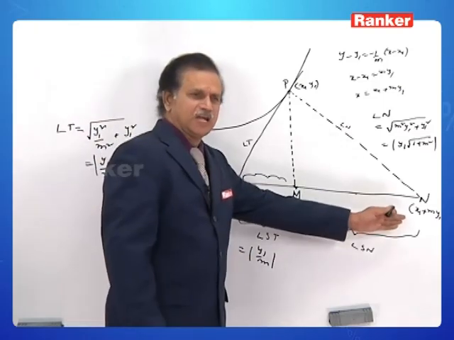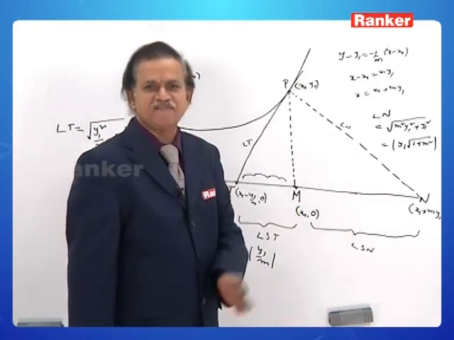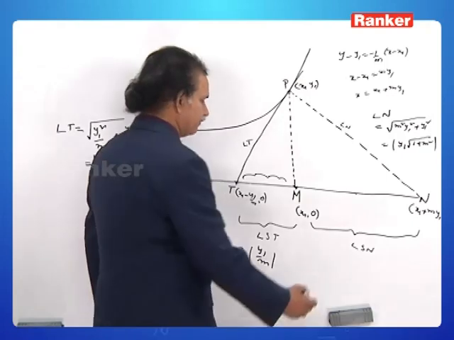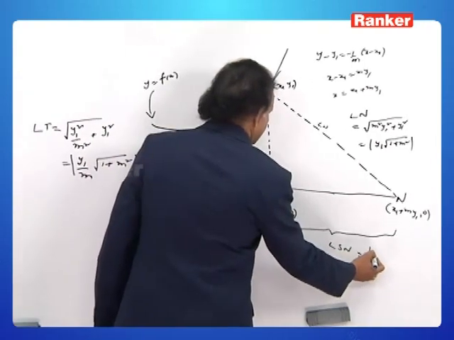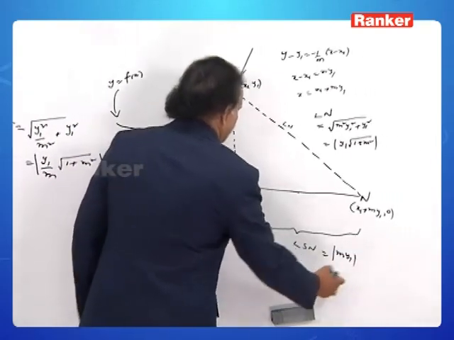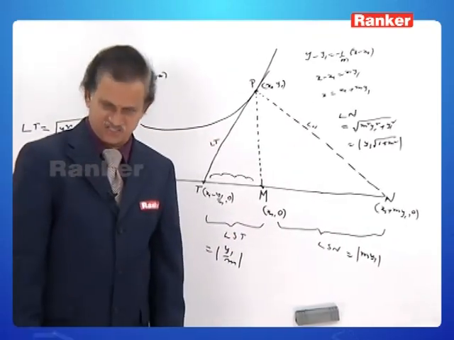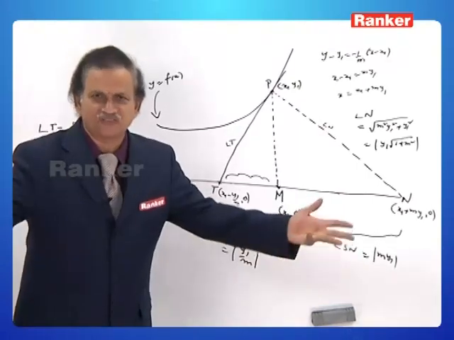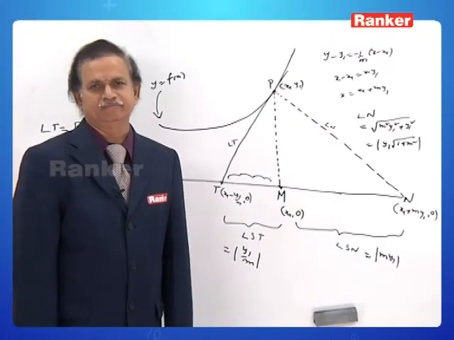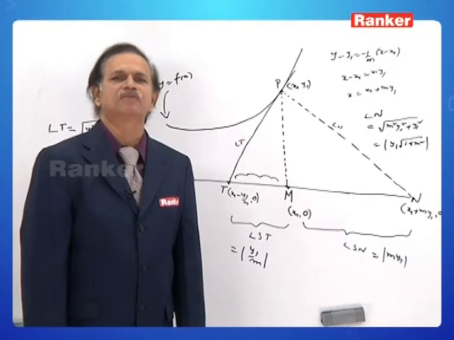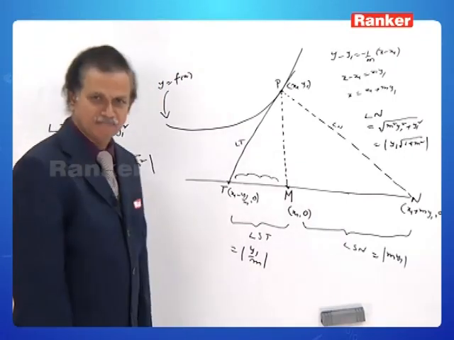There is x1 plus m y1, and this is x1. What is the difference? Just m y1. Therefore, length of the subnormal is equal to m y1. Why should you put the modulus symbol? Because they are absolutely the lengths only. That is why we have taken the absolute value symbol, that is modulus symbol.